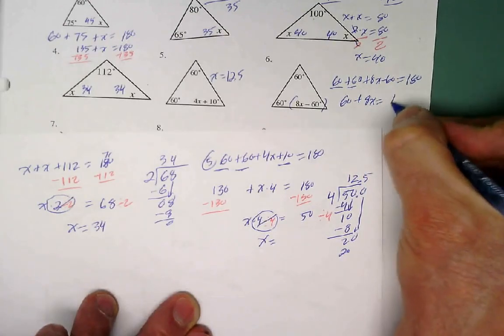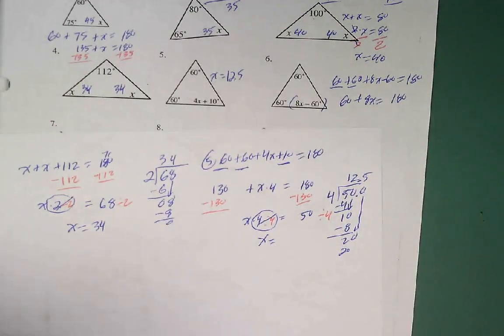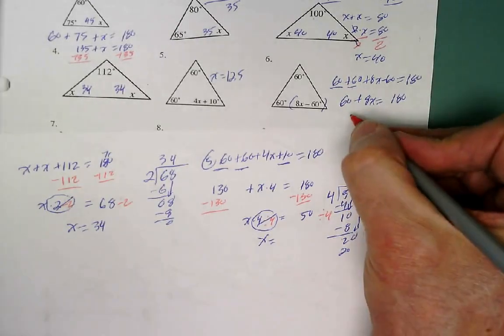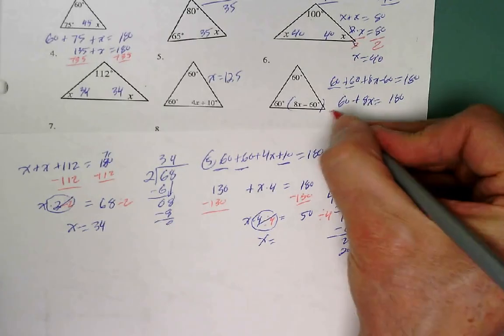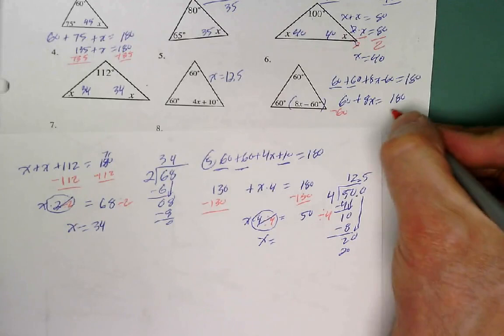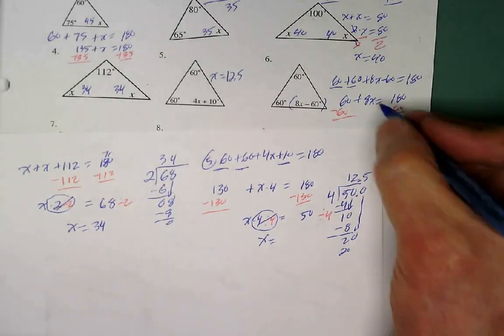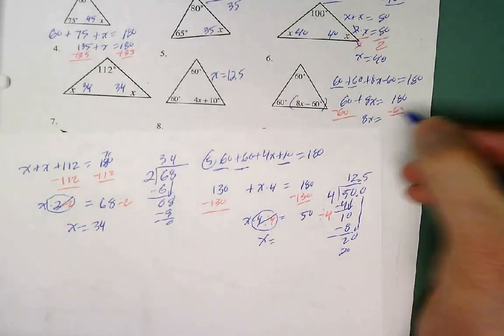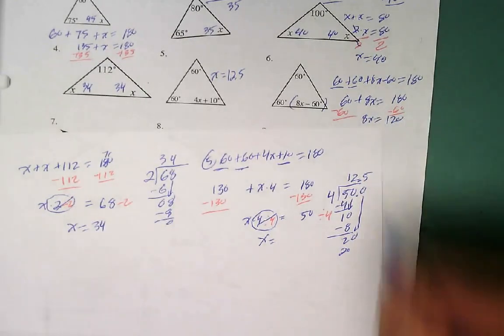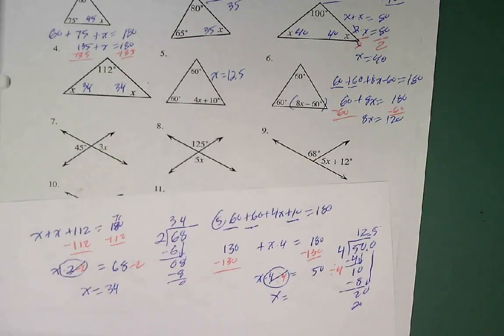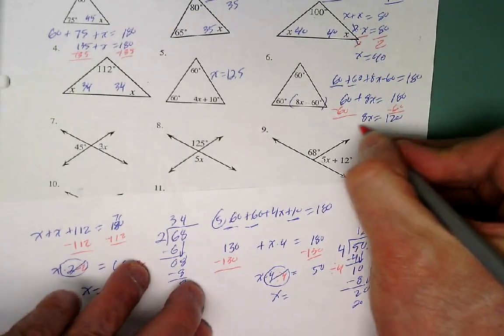And then to get rid of that 60, I'm going to subtract 60 from both sides. Okay? They cancel out. I end up with 8x equals 120. How do I get rid of that 8? Well, I divide it by 8. And if I divide this side by 8, I got to divide this side by 8.